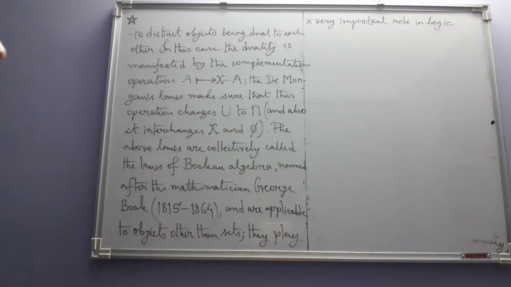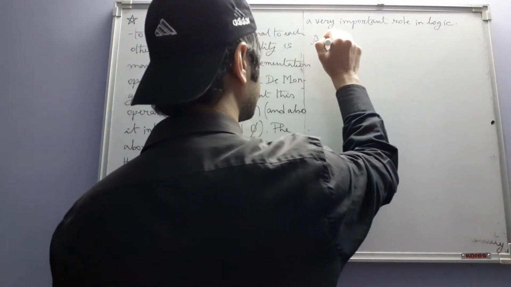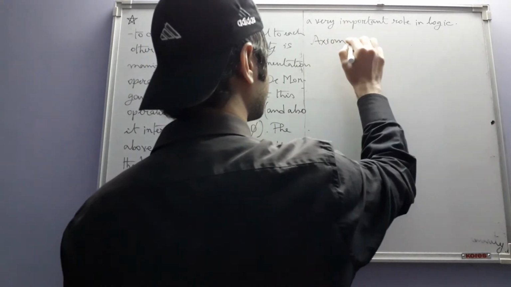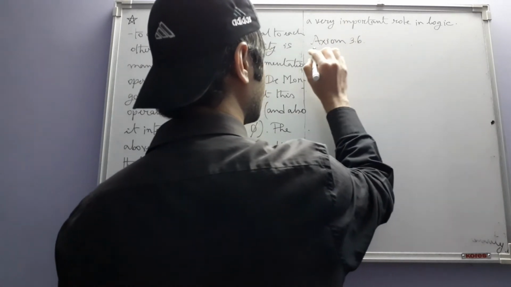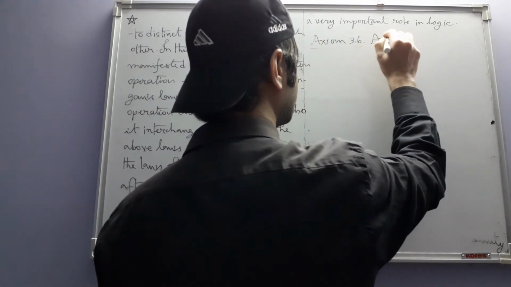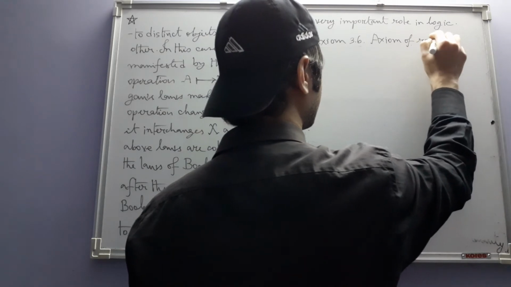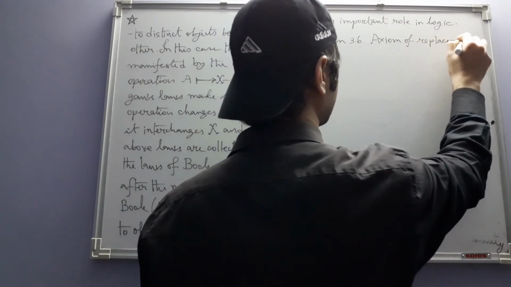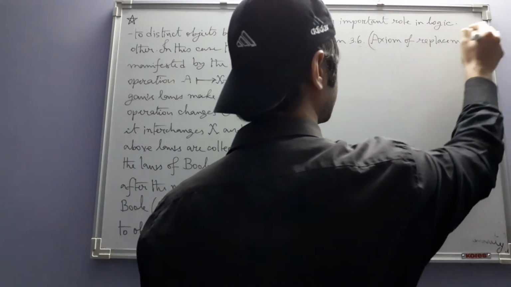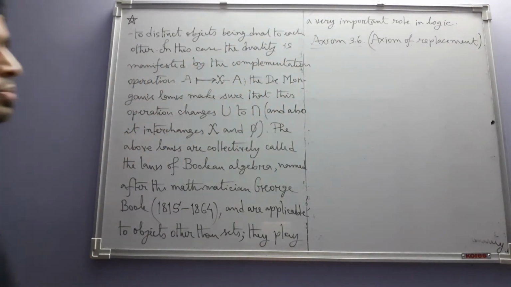That's why we need this axiom. So this is the sixth axiom, and it is aptly called the axiom of replacement. We are going to replace the elements of a set by something else.